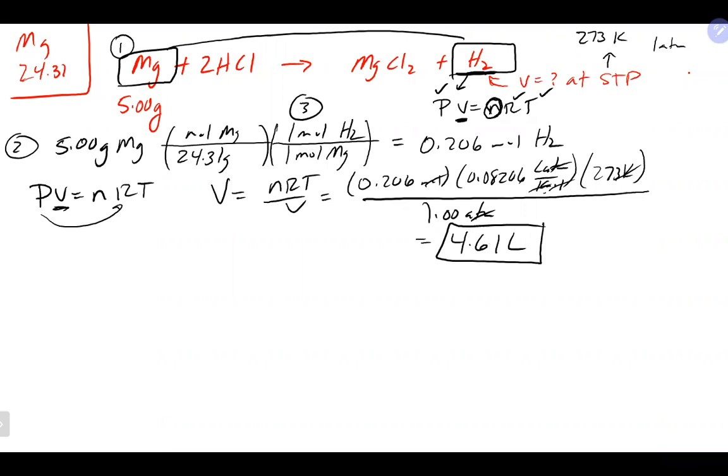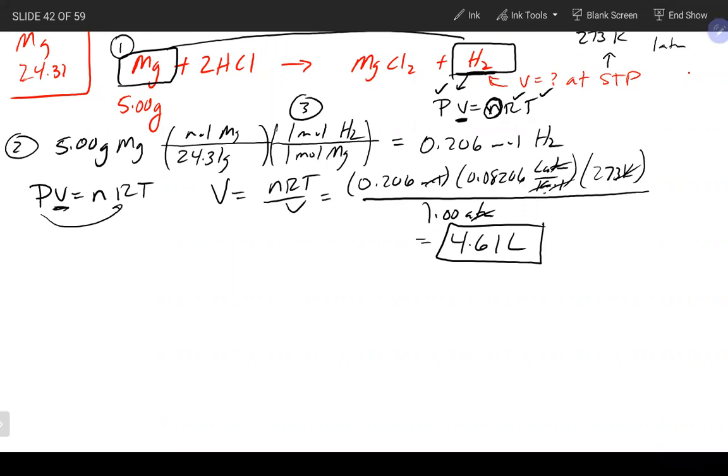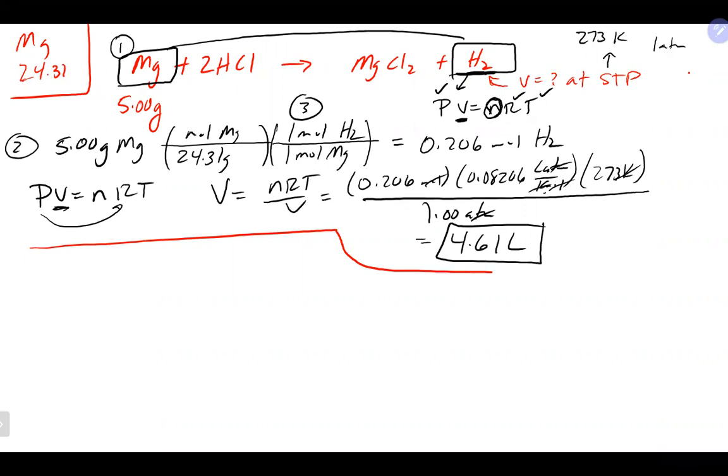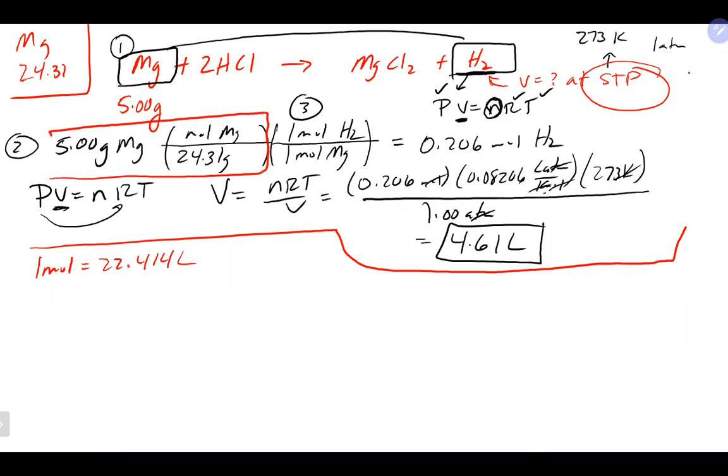First off, any question on that calculation? Could I have solved this problem differently? The answer is yes in this case. Because we were at STP, this could have been a situation where you could have used that 1 mole of a gas is 22.414 liters. So you could have done the first part here, and that would have given you 0.206 moles of hydrogen.